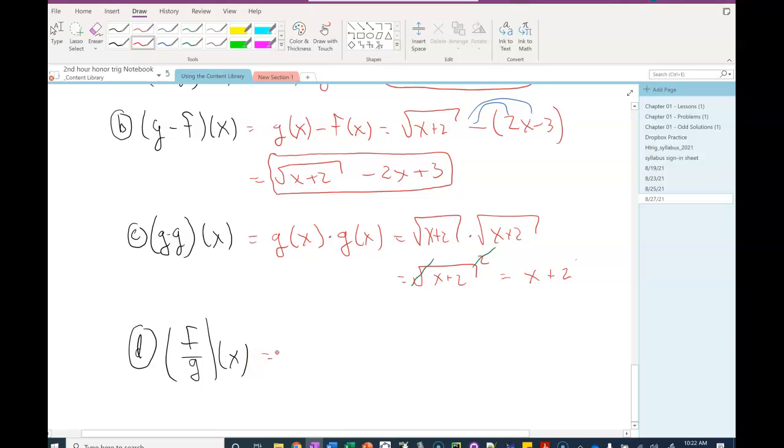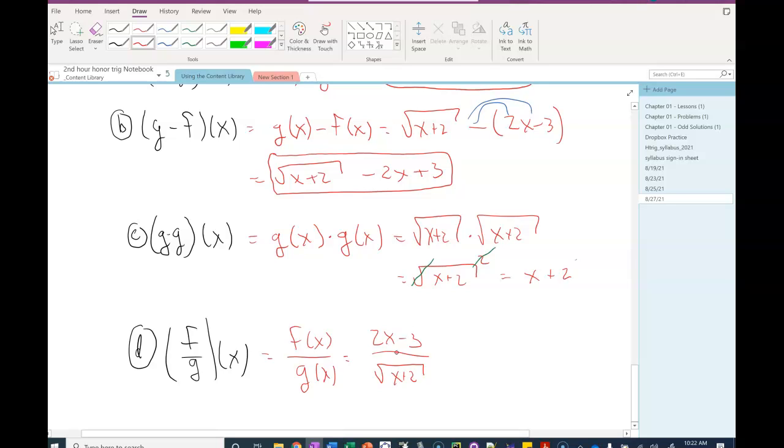So the quotient of f and g evaluated at x is f of x over g of x. So f of x was 2x minus 3, and g of x was the square root of x plus 2. What do you guys think? That's okay? Would anybody do anything else?